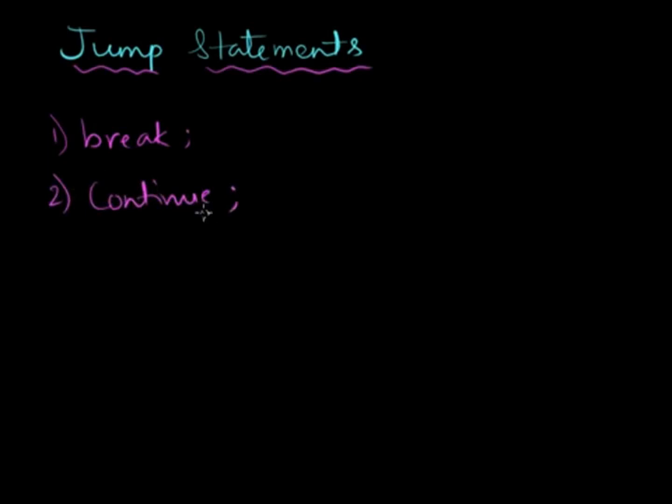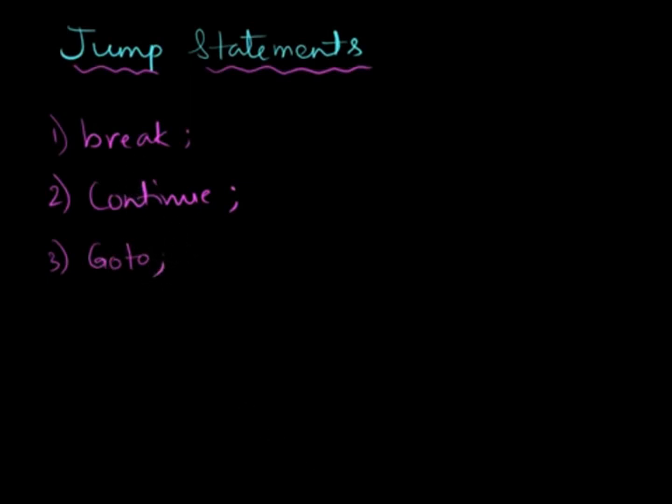Like you break a loop, you can also continue a loop. And the third one is goto. Goto is something like go to this spot, go to that spot of the program. It is unconditional and it can take you anywhere, not just loops. It can take the control to any part of the program.